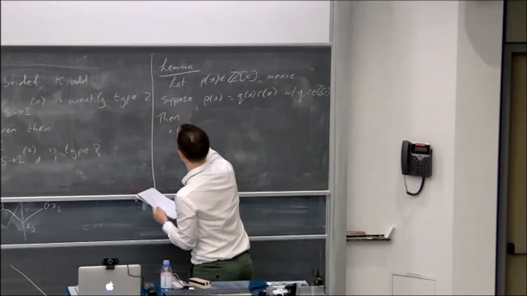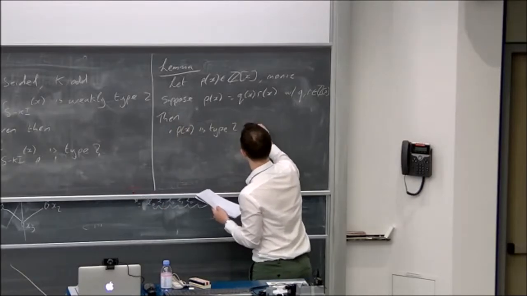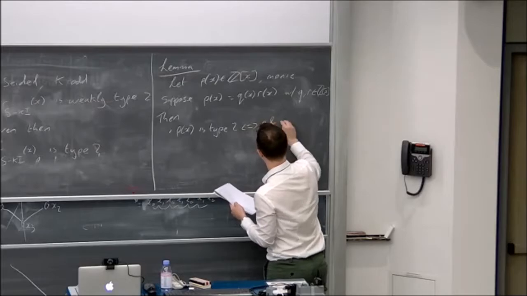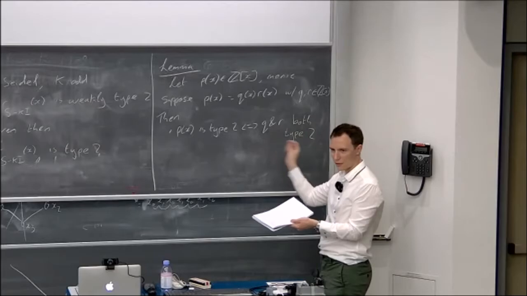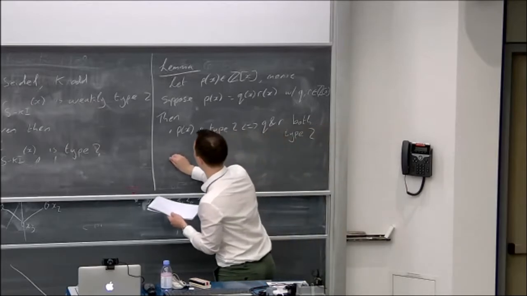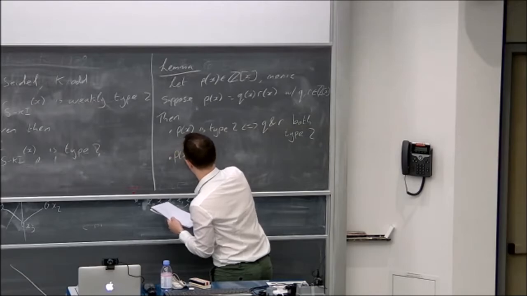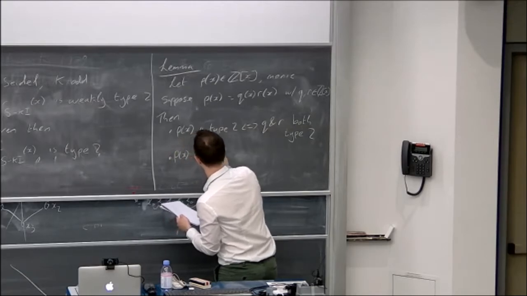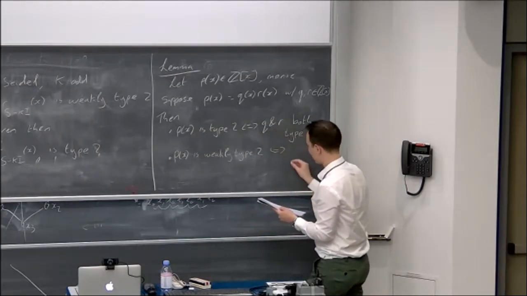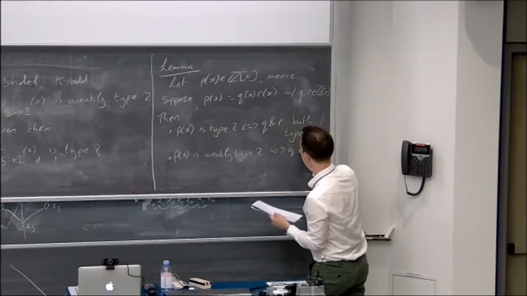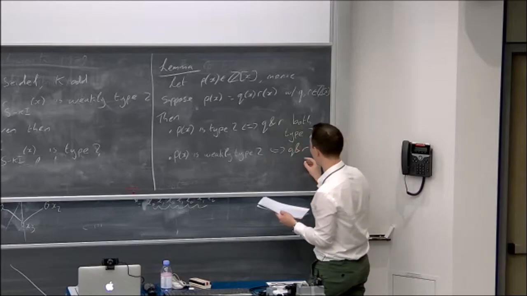Then we have the following factorization property. The first thing says P of x is type 2 if and only if Q and R are both type 2. So you have this nice factorization property here, and we have a similar one for weakly type 2. So P of x is weakly type 2 if and only if, and this one will need both Q and R are weakly type 2, but that's not enough.